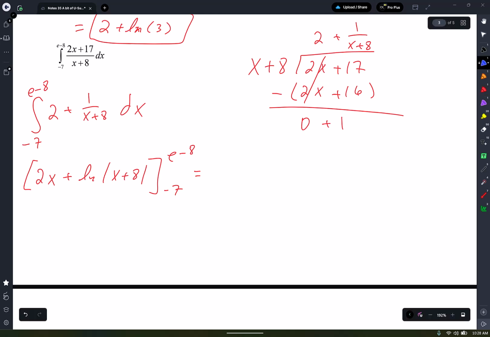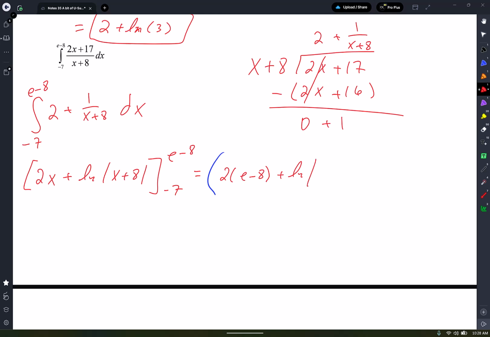Giant parenthesis, I'm putting it in blue for my top. And I'm going to go 2 times e minus 8 close plus ln, absolute value. E minus 8 plus 8 is just going to be e. And ln of e is just 1. Minus, now I'm doing the lower, 2 times negative 7. Negative 14. When you distribute, it's going to be positive.